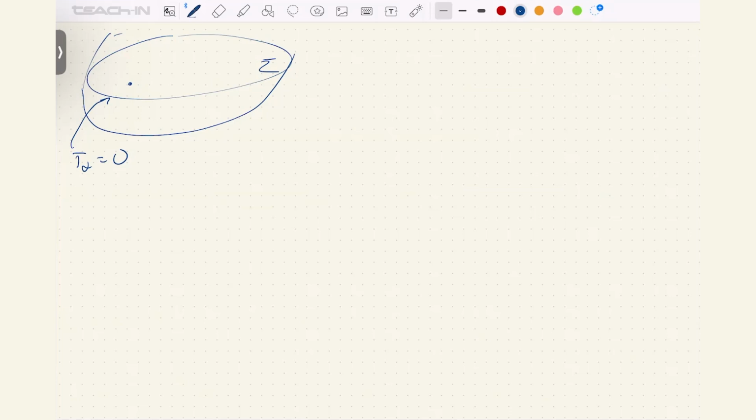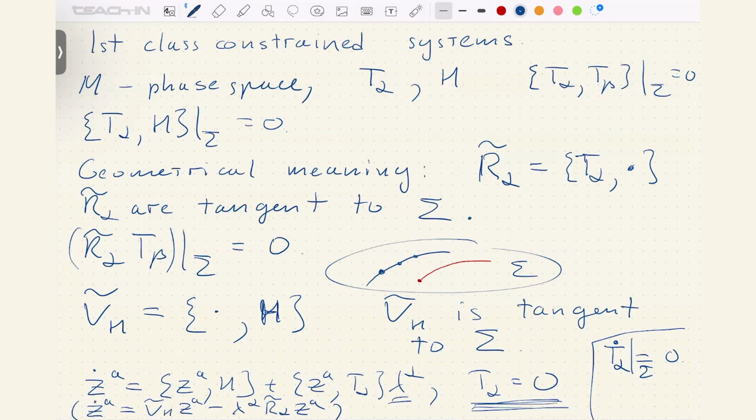Otherwise, we can't even speak about a solution of our equations of motion if the very first equation is not satisfied. It is algebraic, it's not differential. So there are initial data which satisfy this equation, and there are initial data which do not satisfy it. And we can't start. Well, we can start, but then such a solution doesn't exist, right?